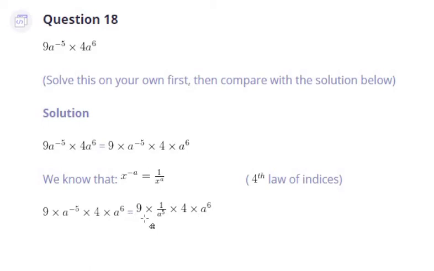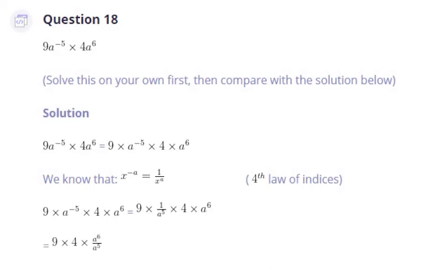Now with this particular unbundling, you see that it becomes easy to group like terms. When I say like, I mean 9 is a whole number, so you can group it with 4, which is a whole number. While this term a is similar to this, so you can group 1 divided by a raised to the power 5 and this a raised to the power 6 together.